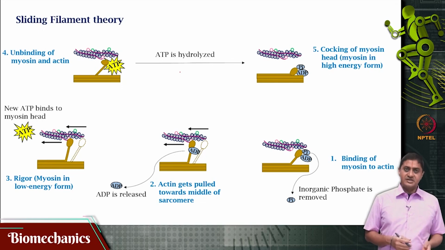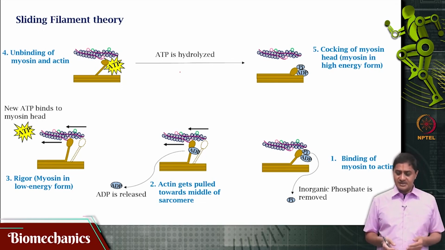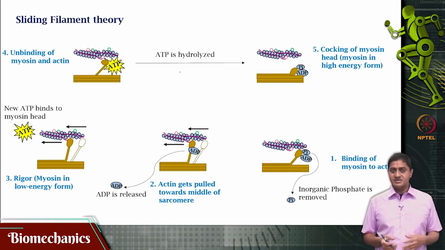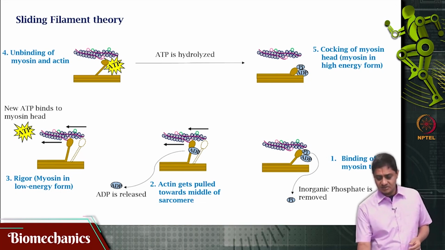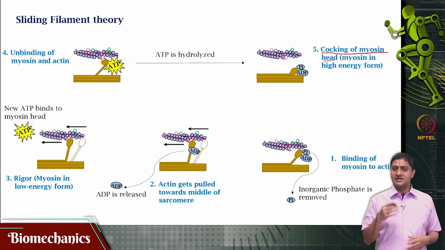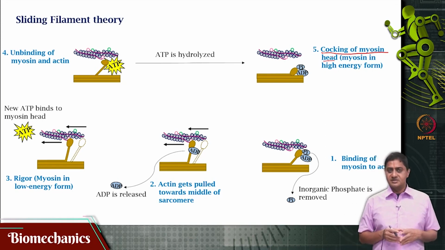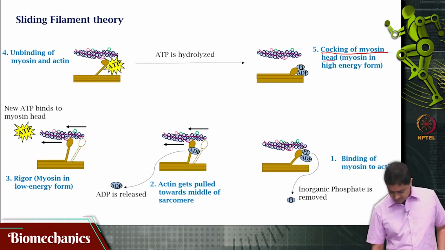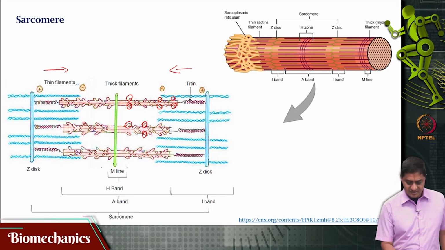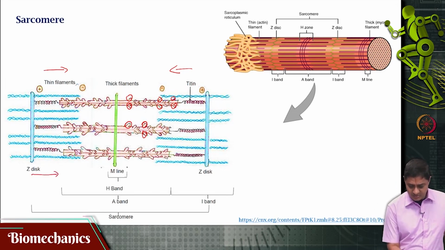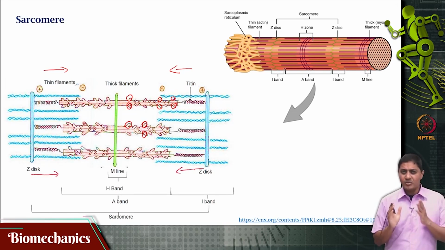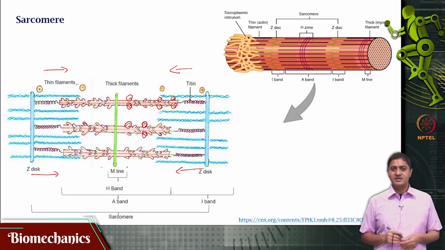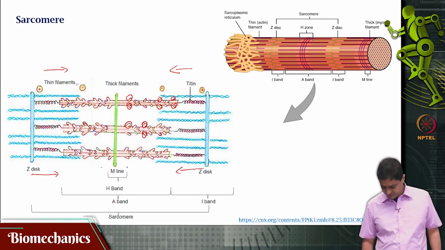Because of that, initially it is in a low energy state, and then it unbinds, and then ATP is hydrolyzed, and then myosin goes back to a high energy state called cocking of the myosin head. Then again the next cycle begins. This is how it happens, and because of this reason we said that in each sarcomere a small amount of contraction will be developed and a small amount of force will be produced.